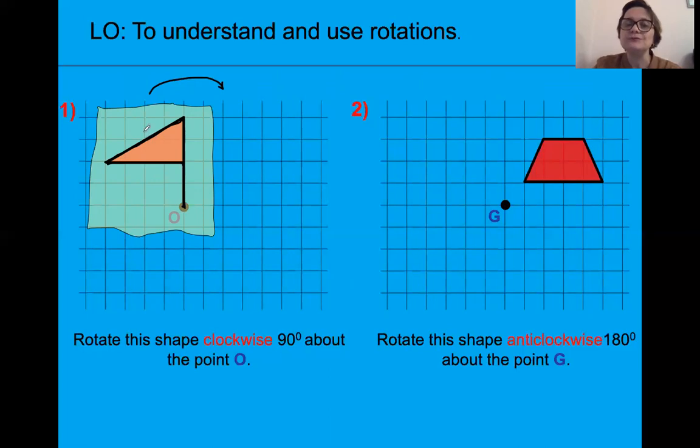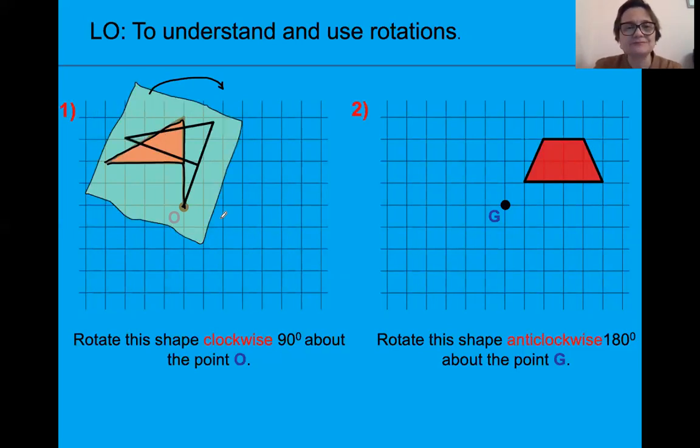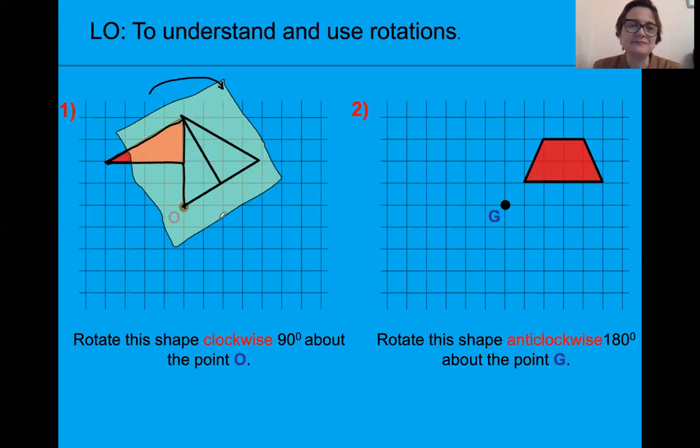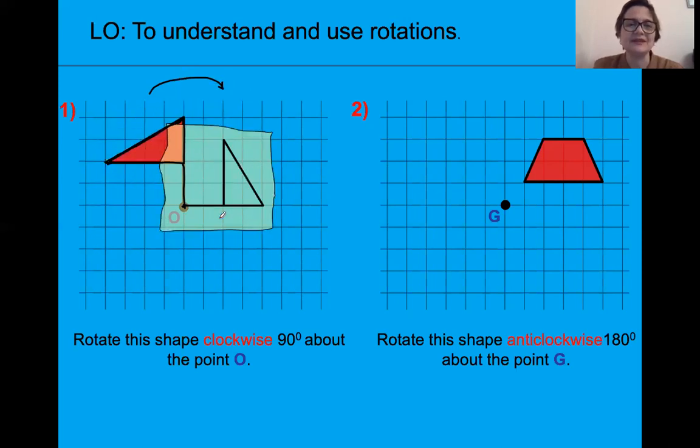And then what you do? You just turn it clockwise. But then the problem is, how do you know where to stop? Let's have a look. Can you see the angle that is created here? Do you remember when I said join the center of rotation with the closest point of the 2D shape?